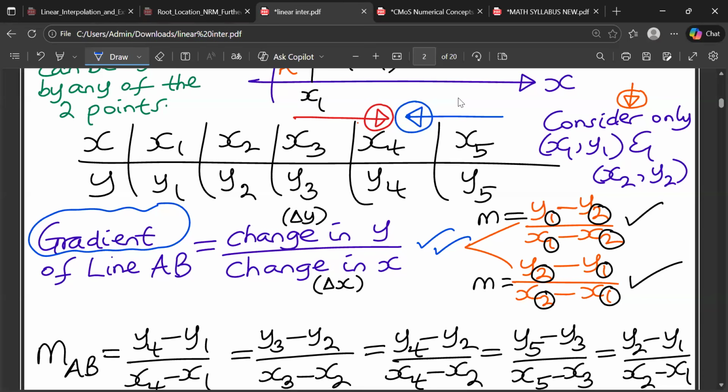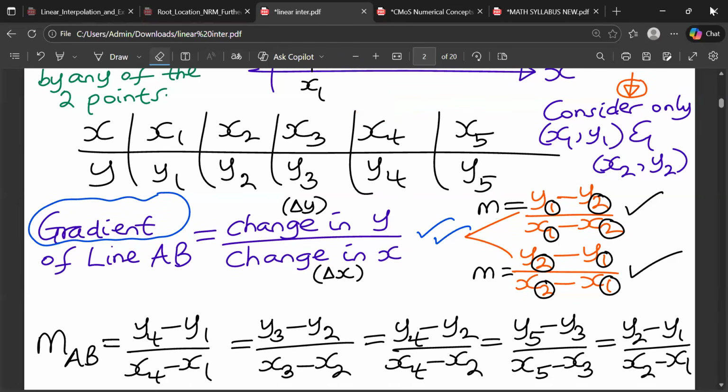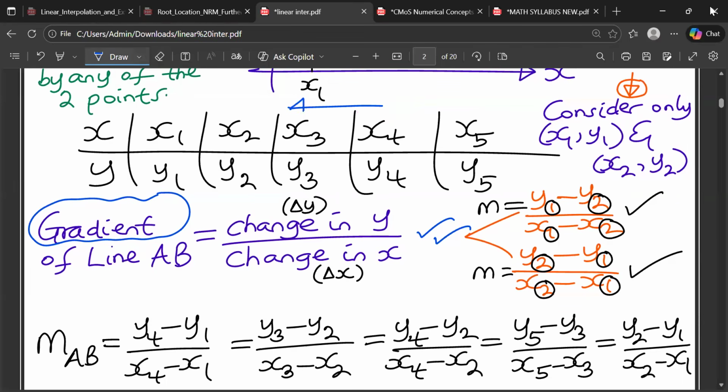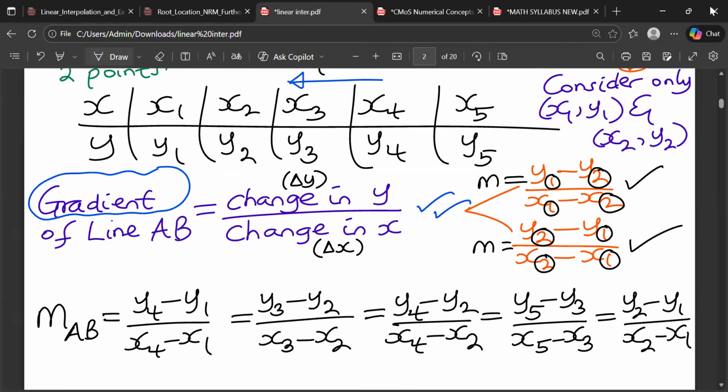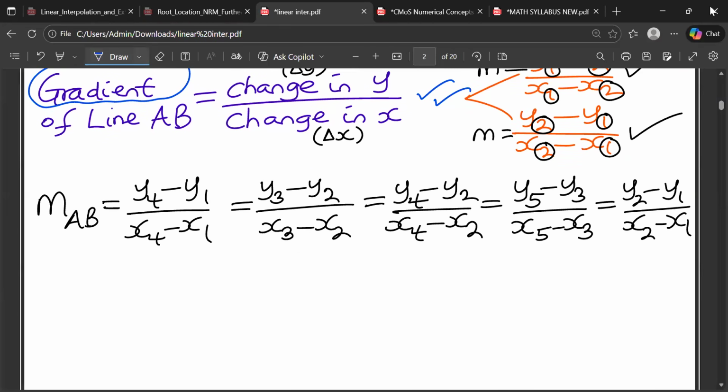So which direction are you taking when you say x4 minus x1? You people know math. You're following the one in blue. Exactly. On point. So all these ones that we are having are those of this direction.